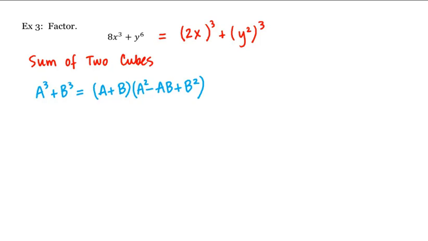Now there's also a formula for the difference of two cubes. And although we're not going to be using it here, let's write it anyway. It states that a cubed minus b cubed is equal to (a minus b) times (a squared plus ab plus b squared).